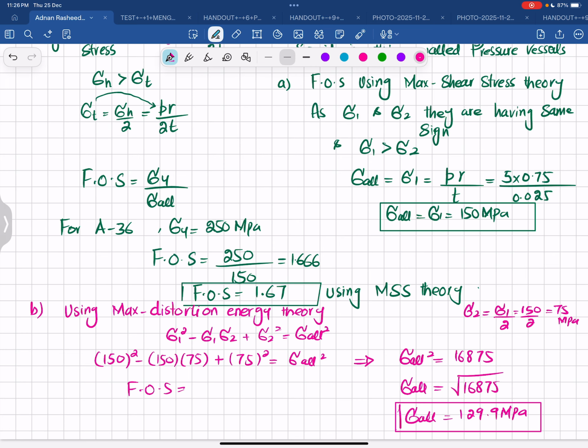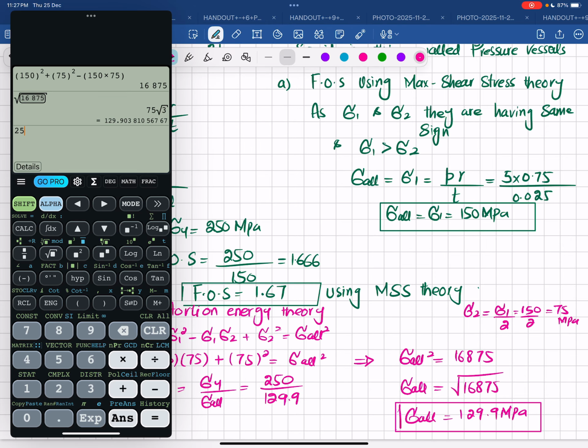Okay, you have this, and we will find the factor of safety, which is equal to yield stress divided by allowable stress. Sigma yield is 250 megapascal and allowable is 129.9 megapascal. So 250 divided by 129.9 will give you 1.92.